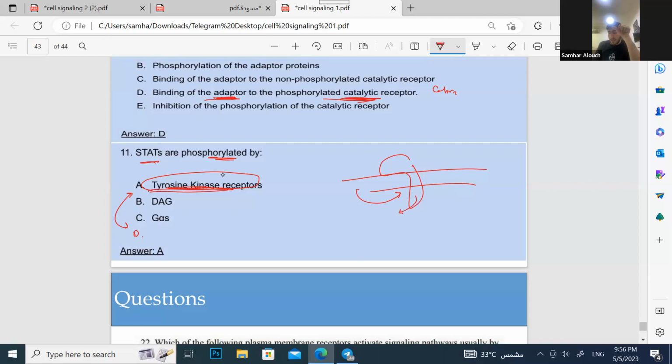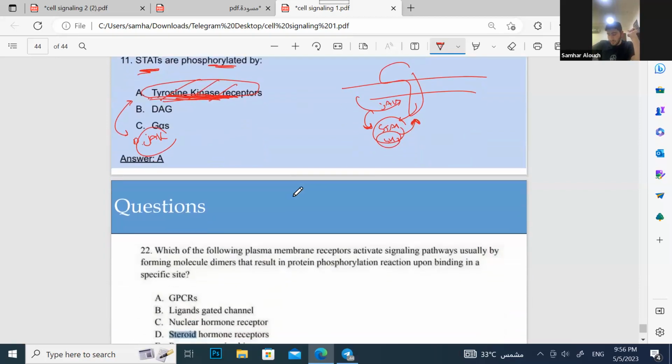And the receptor phosphorylates STAT because STAT has SH2. So it gets phosphorylated by the tyrosine kinase receptor itself. But JAK can also phosphorylate STAT, though it's a minor effect. So STAT is mainly phosphorylated by the tyrosine kinase receptor. If this choice is not there, please choose JAK because JAK also phosphorylates.